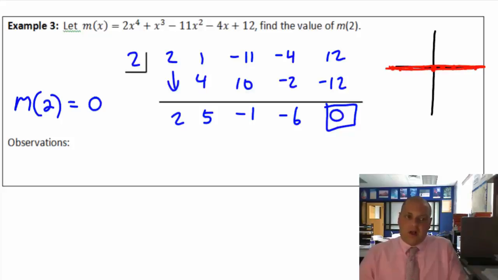What's this line called? The x-axis. Okay? So basically, whenever you get a 0 for the function, that means that this number here is an x-intercept. So an observation you can make is that 2 is an x-intercept.